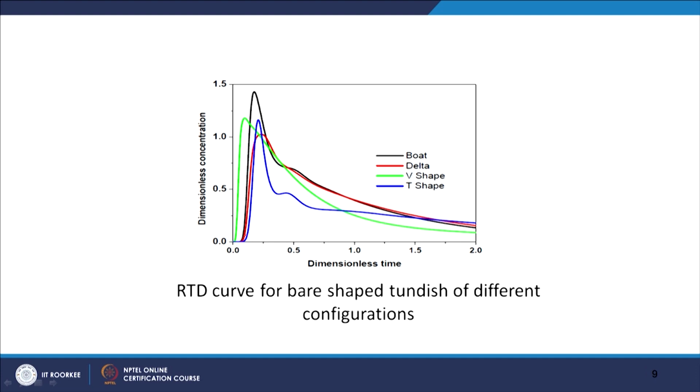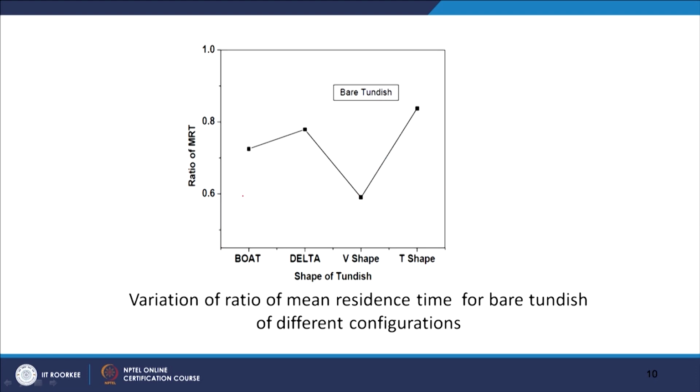So the liquid is not able to go to every corner, it takes a path because of which short circuiting takes place. Your mixing capability, the way the fluid will go inside, and the residence time during which it will be moving inside, is minimum for the V shape and maximum for the T shape.